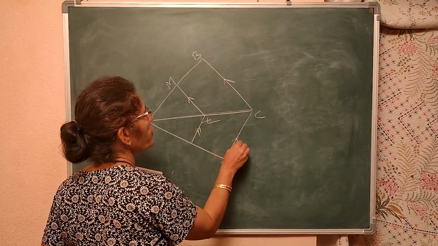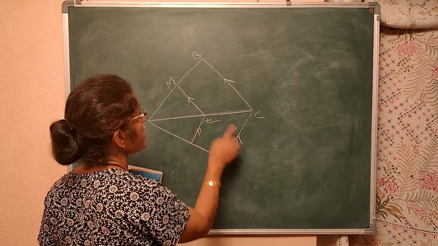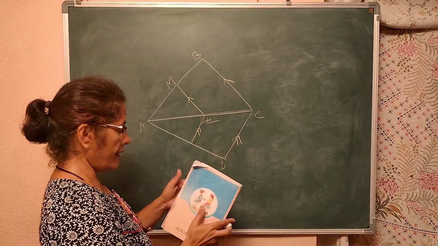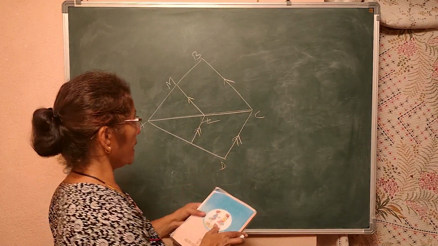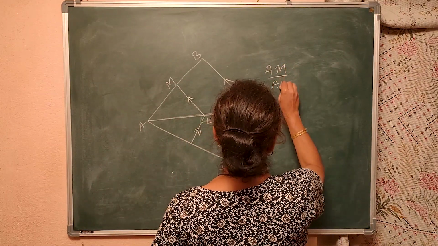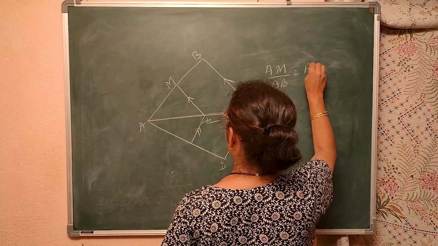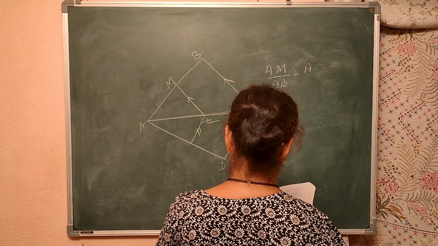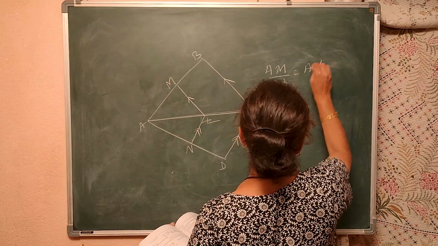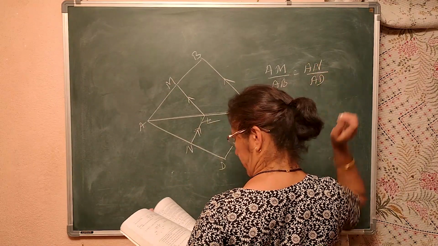What is the meaning of the mark I put on this one? This is the first set, they are parallel. This is the second set, they are parallel. They are asked to prove AM by AB is equal to AN by AD. That is the question.